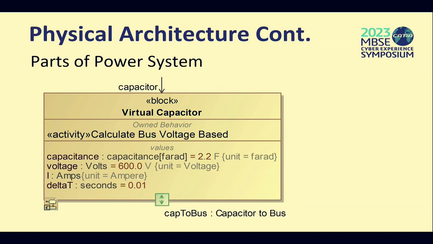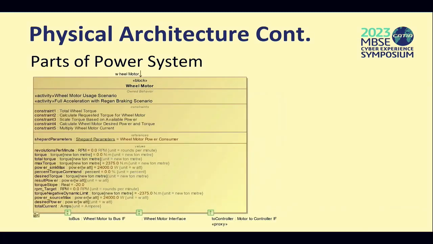That is actually a very large amount of capacitance. So that is being considered a virtual capacitor, but it really has to do with the delta T that we're working with and why we're using that large of a capacitor. It's named a virtual capacitor because it's really there to set the voltage for the simulation. And you'll see how we do that using an activity diagram with some opaque actions and doing a mathematical integration with those opaque actions.